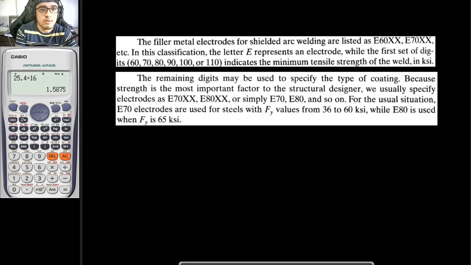According to these lines right here, the filler metal electrodes for shielded arc welding are listed as E60XX, E70XX, etc. In this classification, the letter E represents that it is indeed an electrode. While the first set of digits, 60, 70, 80, 90, 100, or 110, these two digits indicate its minimum tensile strength of the weld in kips per square inch.